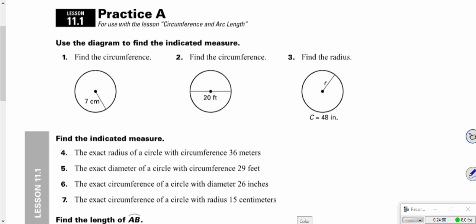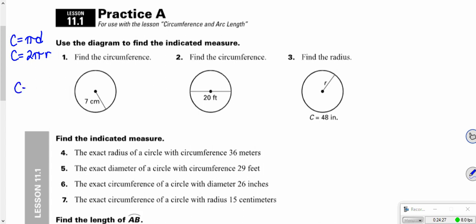Practice A. Again, use the diagram to find the indicated measure. So find the circumference. Remember, we have two different formulas for circumference. Circumference equals pi times diameter, and circumference equals 2 pi radius, and that's only because the diameter equals 2 times the radius. On this one, they give us the radius.